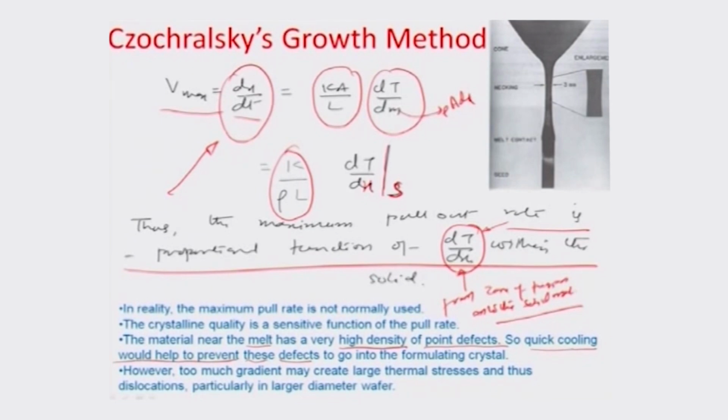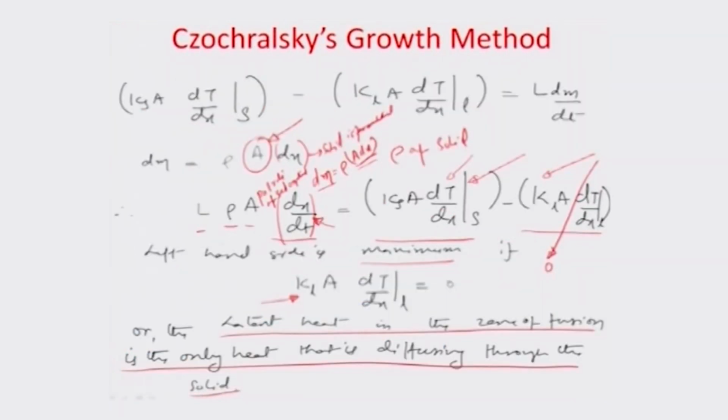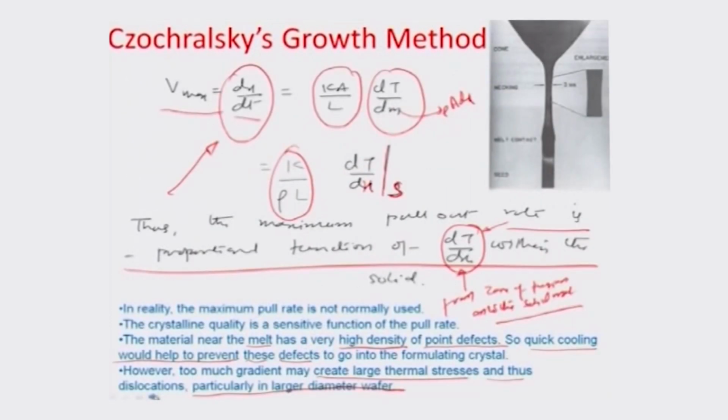However, another aspect of this too much thermal gradient is also creation of large thermal stresses within the solid, which would rather create dislocations, and particularly this is true for larger diameter wafers, where the dislocations are very prominent because of that. So, it is really a trade off between the pull rate and the way that the defects would go into forming the crystals, or the amount of thermal stresses that the crystals can handle, and this together would define how much pull rate is really needed.